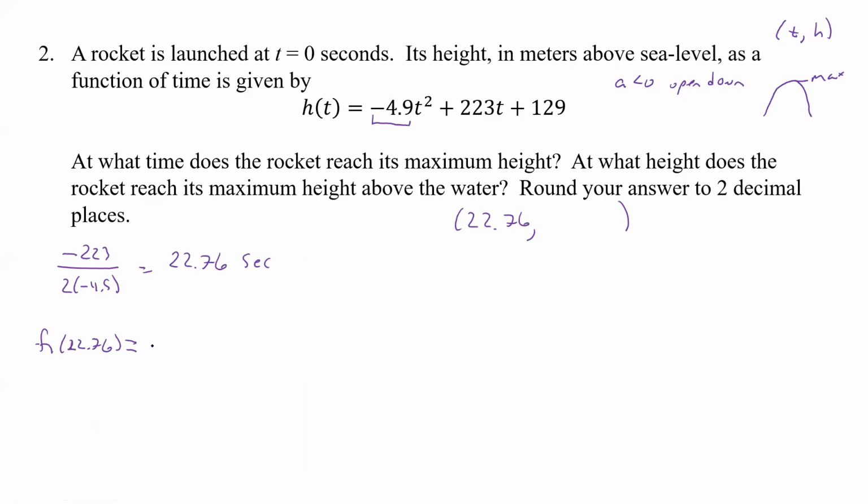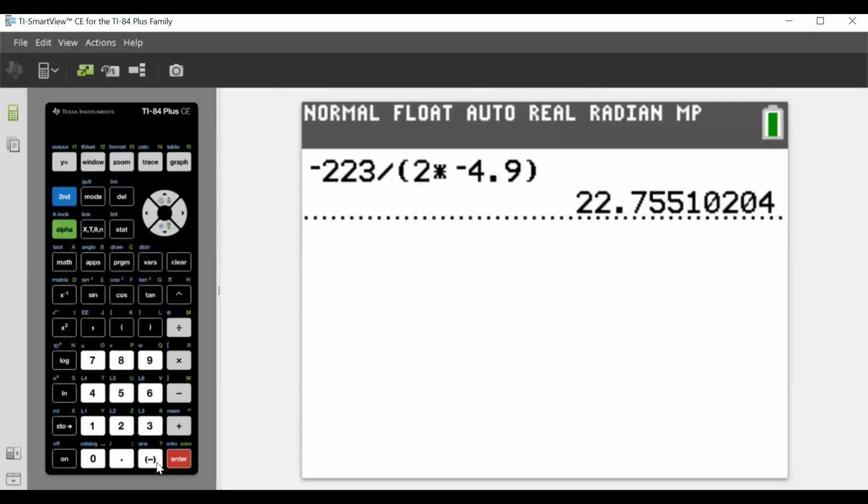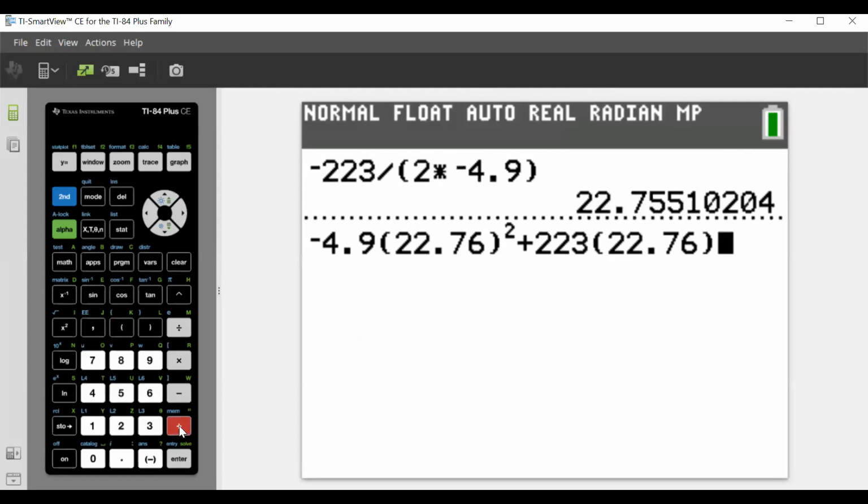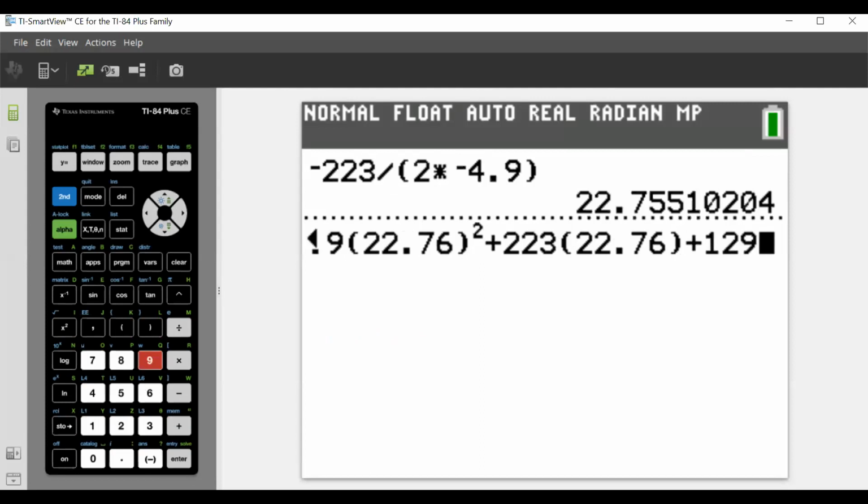That's equal to negative 4.9 times 22.76 squared plus 223 times 22.76, and then plus 129. And now we get to plug all that into our calculator. So we had negative 4.9 times 22.76 squared, and then plus 223 times 22.76, and then plus 129.